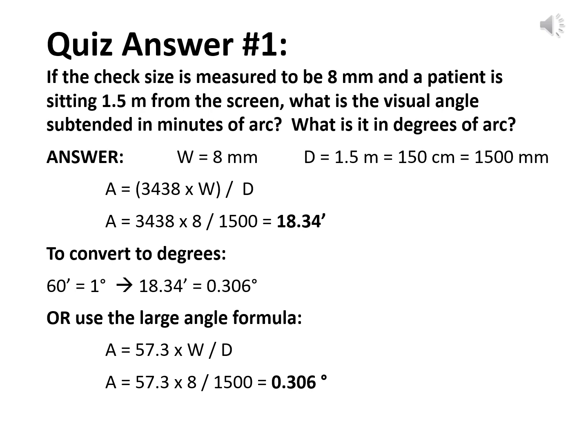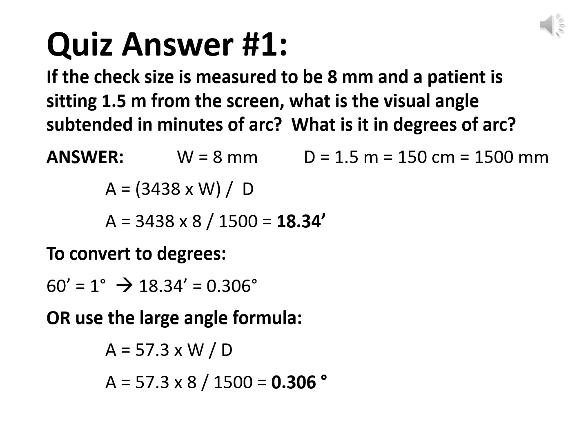When we use the formula for small check sizes, the answer is given to us in minutes of arc. To convert to degrees, we know there are 60 minutes in 1 degree, and so 18.34 minutes gets divided by 60, which gives us an answer of 0.306 degrees.